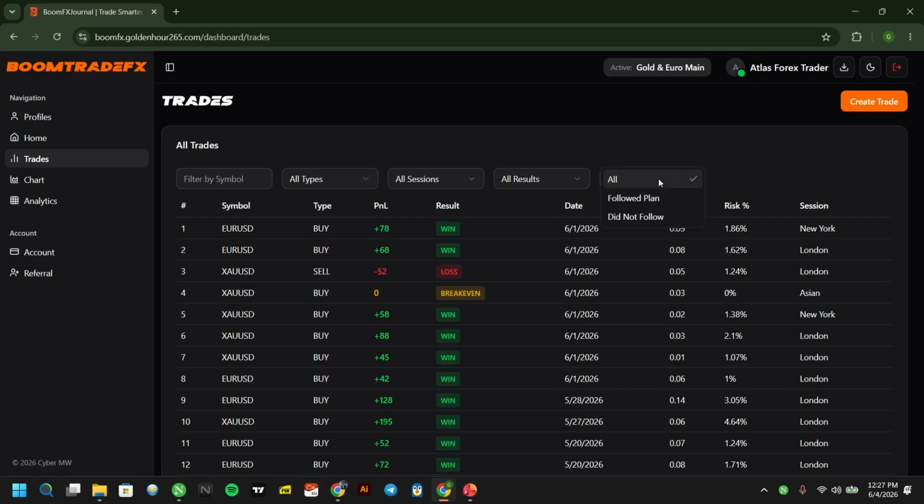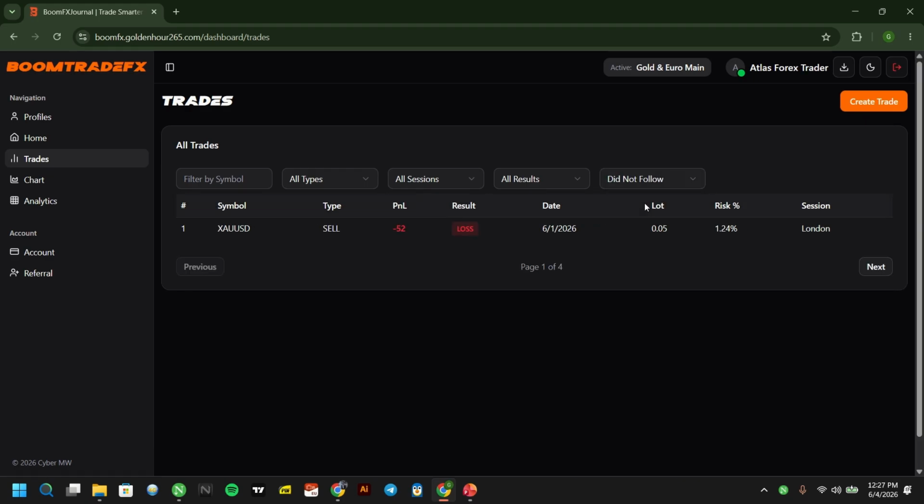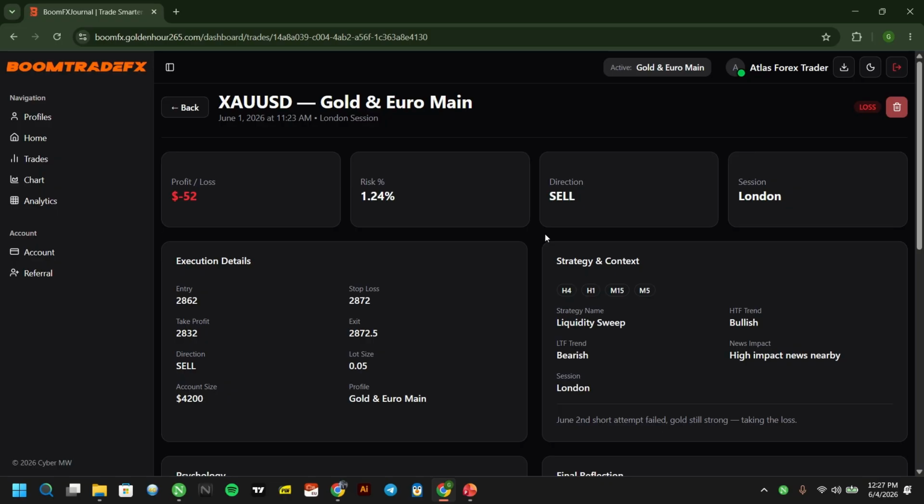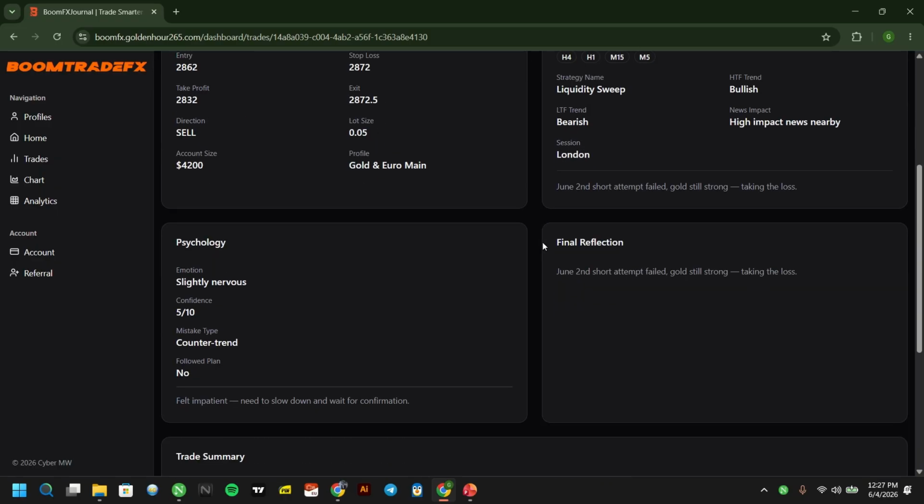In the same way, we can also filter by trades where we followed the plan and trades where we didn't follow the plan. For trades that we didn't follow the plan, we can see that we had a loss in this particular trade and we didn't follow the plan. If we click on it, we'll be able to see why. For example, you can see the psychology.